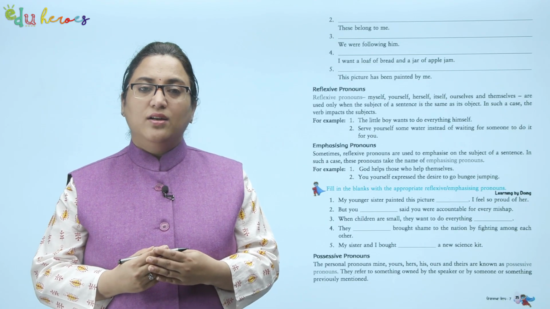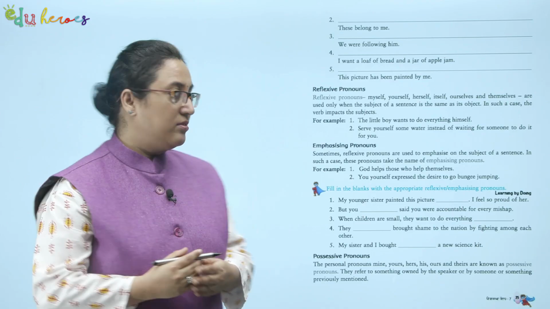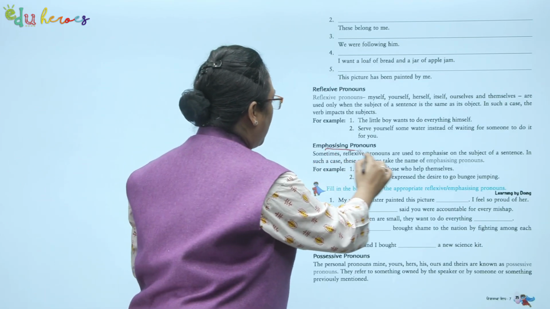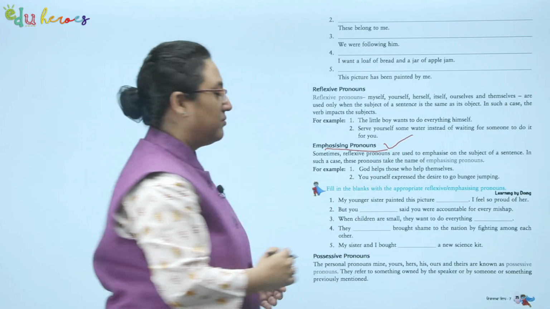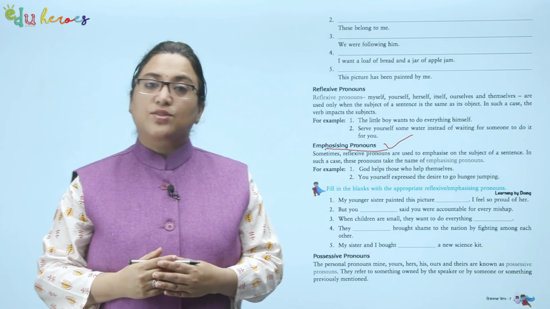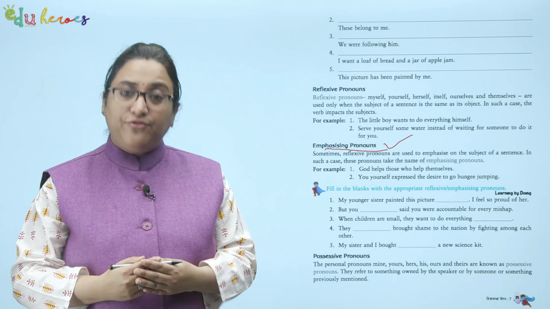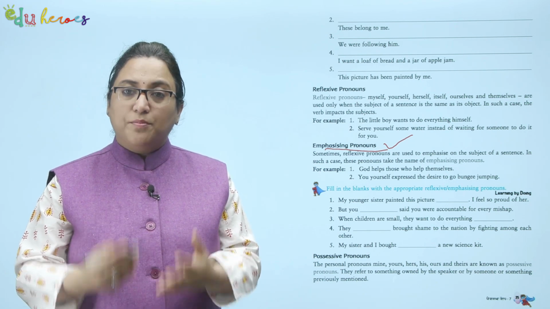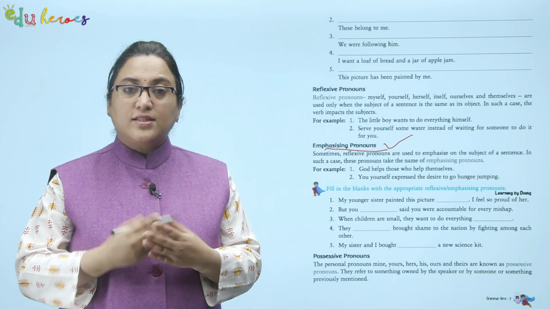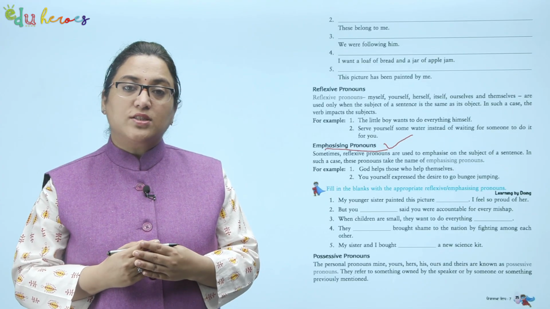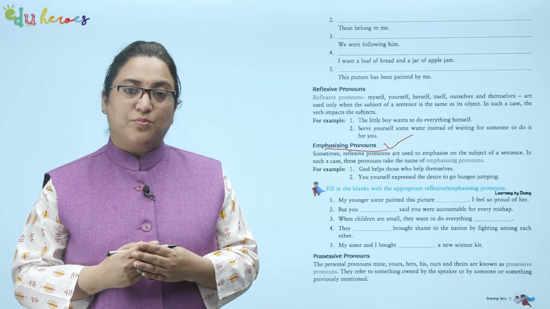Next we have emphasizing pronouns. Here we will surely emphasize something. Sometimes reflexive pronouns are used to emphasize the subject of a sentence. In such a case, these pronouns take the name of emphasizing pronouns.